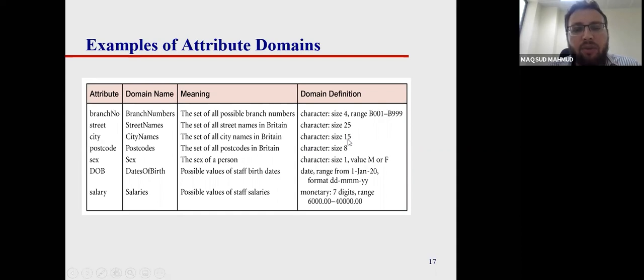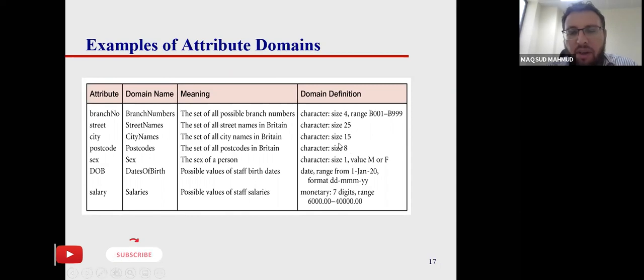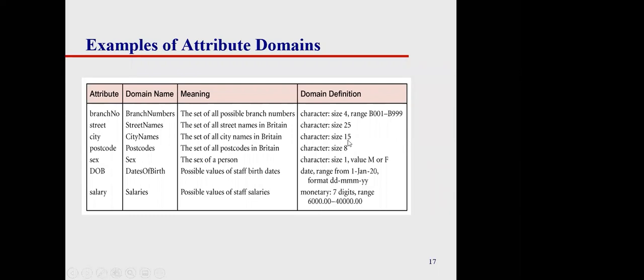For example, Riyadh. How many characters is Riyadh? R-I-Y-A-D-H, so 6 characters. So in 15 characters, Riyadh can easily fit, Jeddah, Tabuk. All of these can fit in 15 characters. Can I put anything I want as the size? Usually we look at the economy of scale, because we need to save space and data storage.